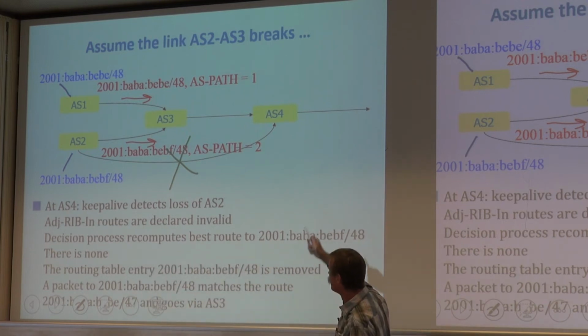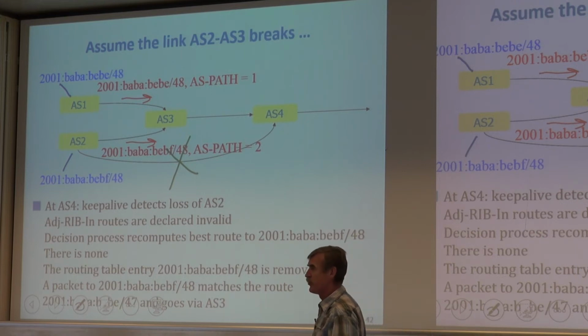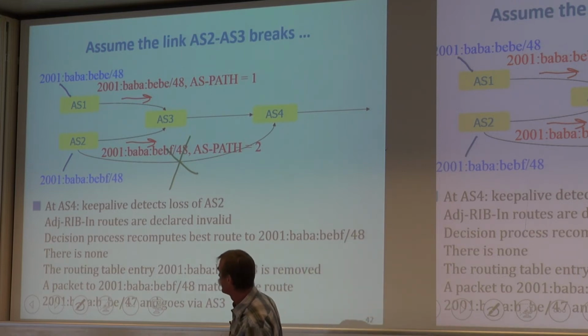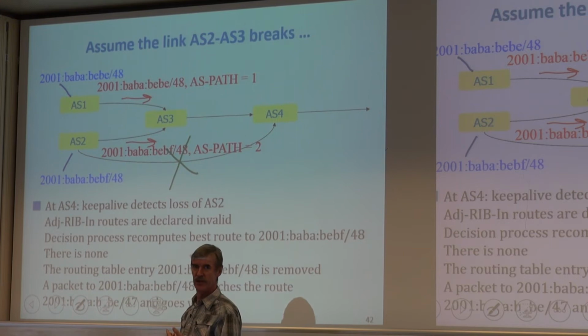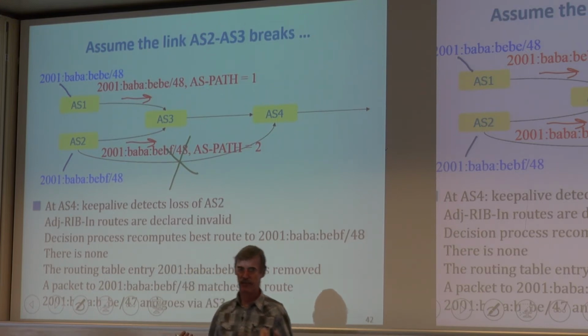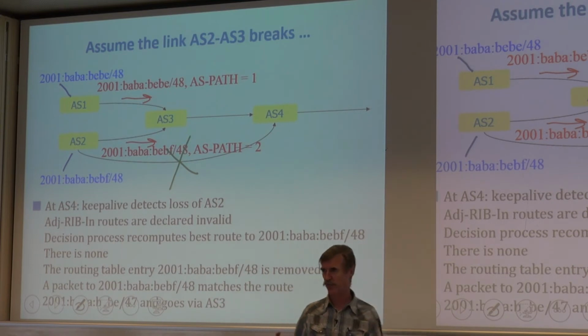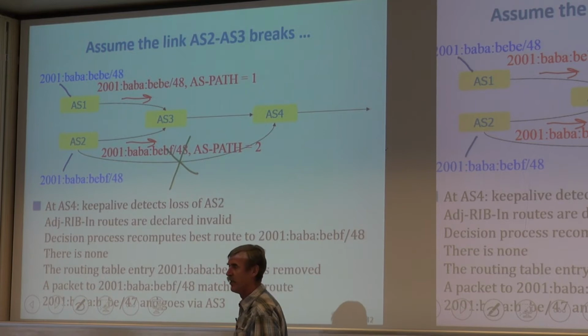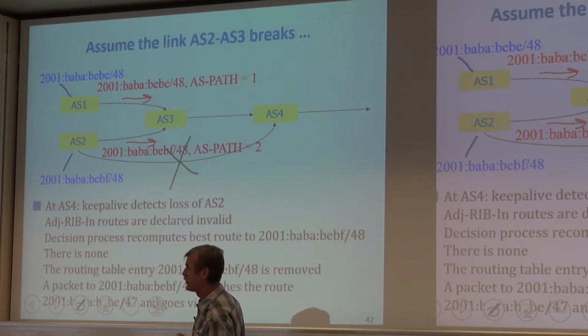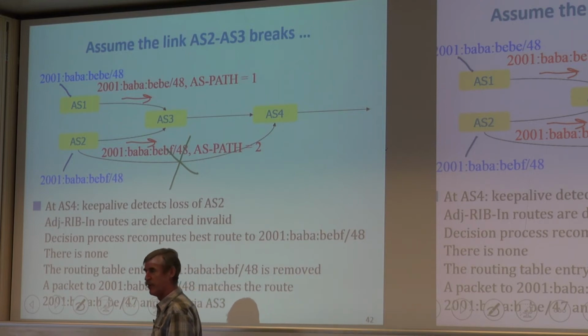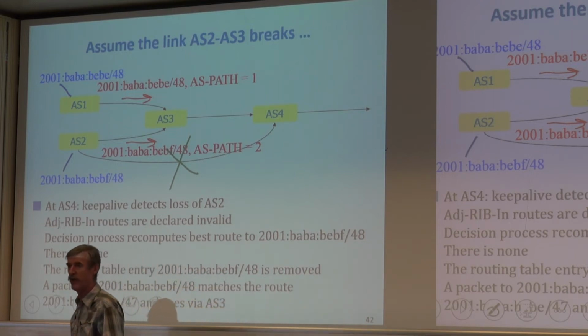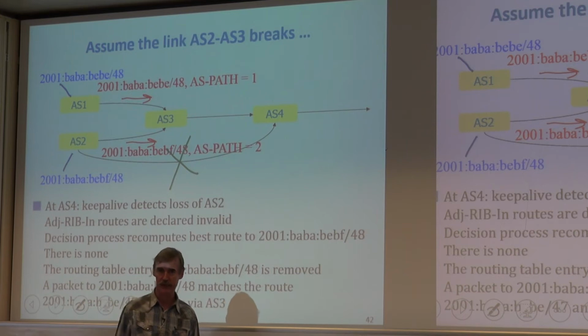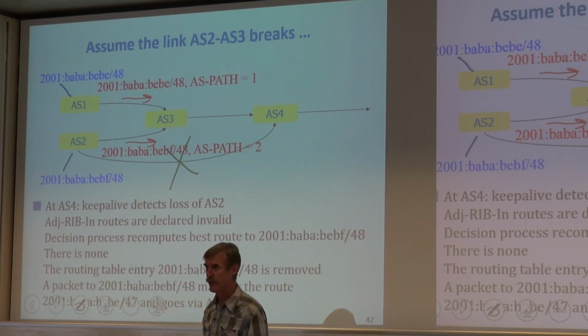In AS4, the BGP routers will sense that the connection to AS2 is lost, either physically or simply the keep alive mechanism between BGP routers will stop working. Therefore, AS4 will detect that all the routes that were received from AS2 are now to be withdrawn. So the BGP routers will withdraw them from their database, from their RIB-in, and will recompute the best path.